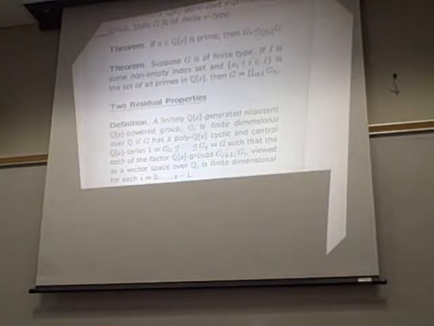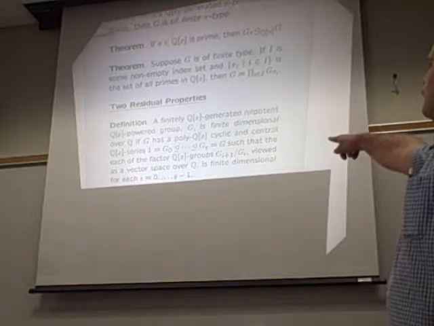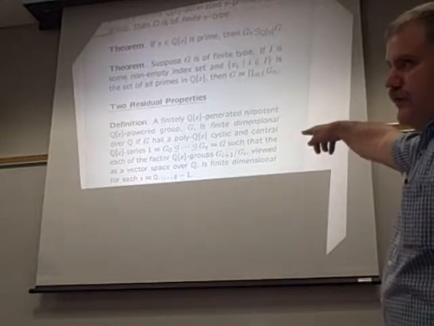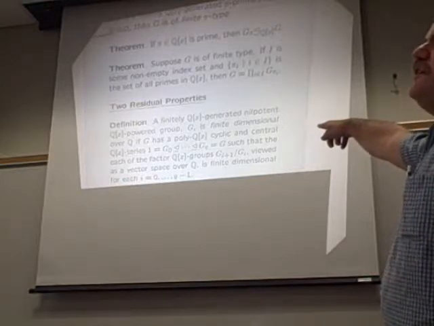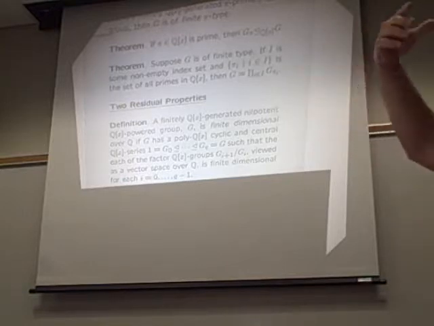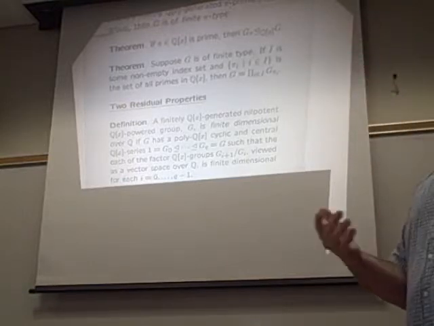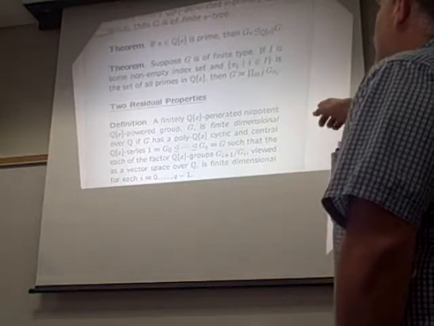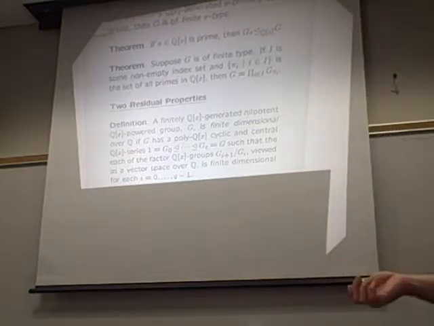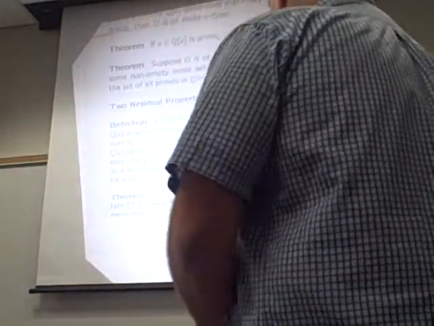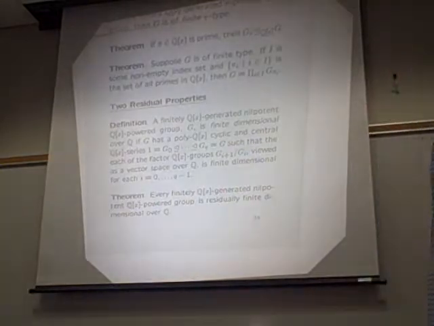But it satisfies the property that if you look at the factor Q[x] groups, and view those as vector spaces over Q, because remember, each of those quotients are cyclic Q[x] modules, you could think of those as vector spaces whose scalars lie in Q. We want those to be of finite dimension as vector spaces. Well, it turns out that if you look at a finitely generated nilpotent Q[x] group, it is residually one of those things.